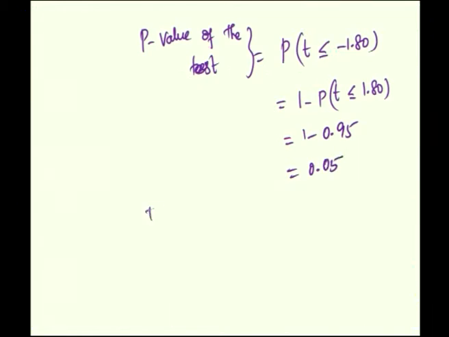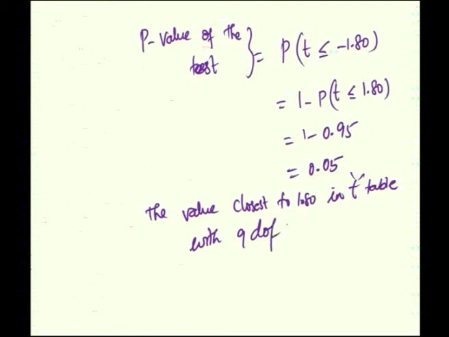Actually we write like this: the value closest to 1.8 in the t table with 9 degrees of freedom is 1.83 and it occurs at 10%. Therefore, we have the value as 0.05. Because of the symmetry we write 1 minus P of t less than or equal to 1.8. Now the p value of the statistic is found.